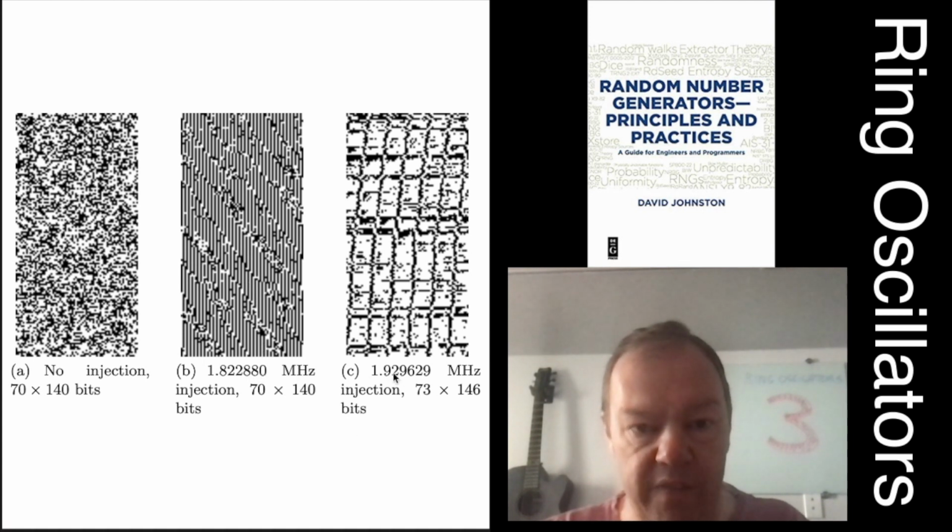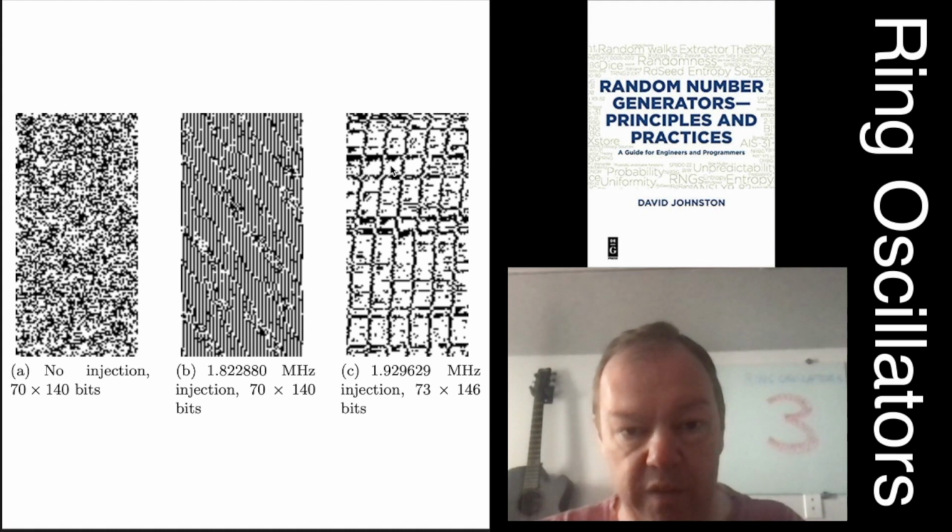And then they tweaked the value a little bit, and they got it to sync to a different pattern, and we see now even lower entropy, where most of the time the output value is a 0 lined up with the sample period, and then the occasional 1.